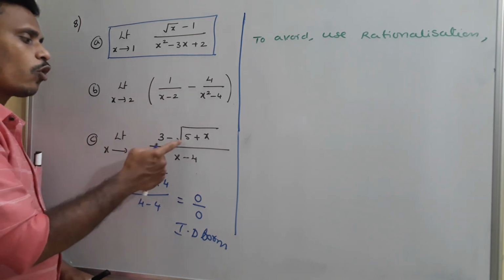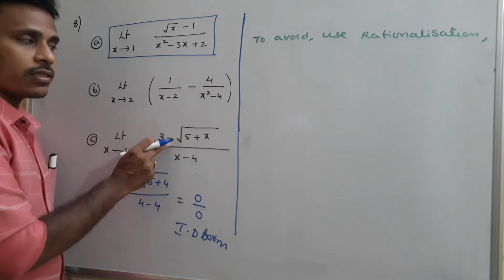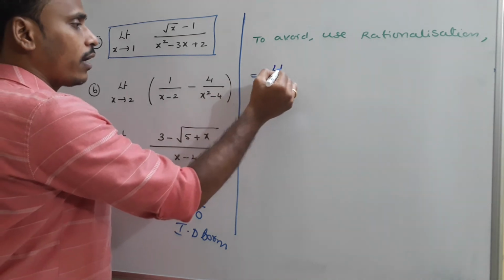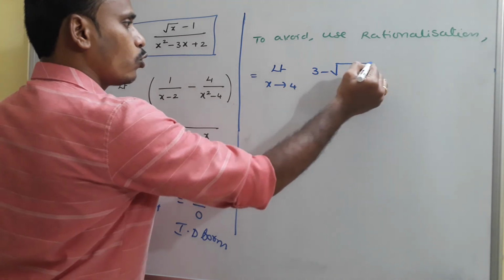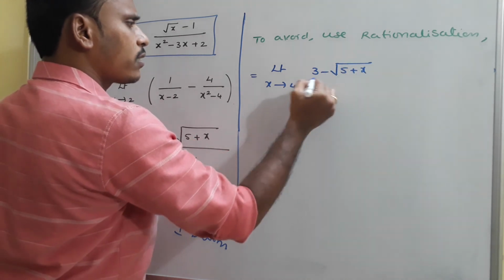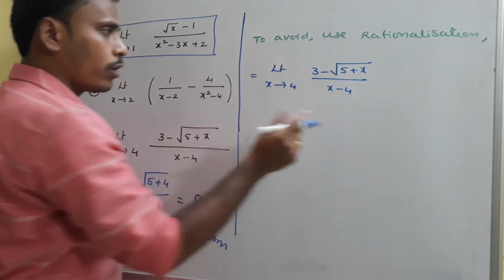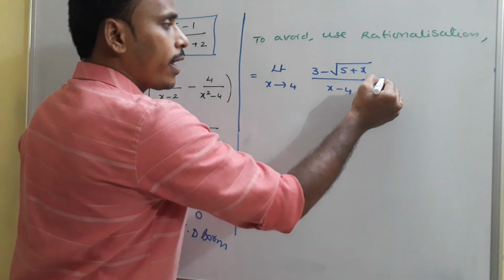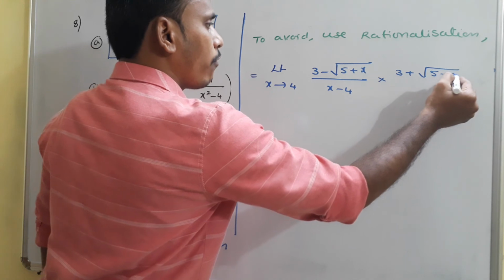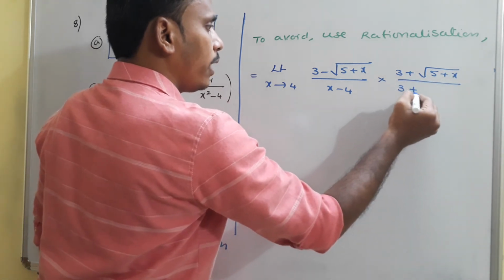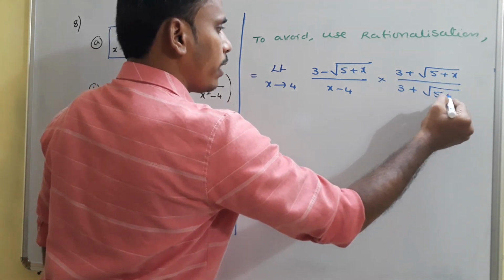So here the root is involved in the numerator. Just change the symbol and multiply both numerator and denominator. So limit x tends to 4, 3 minus root of 5 plus x divided by x minus 4 is the given function. As a part of rationalization, you just multiply with 3 plus root of 5 plus x divided by 3 plus root of 5 plus x.